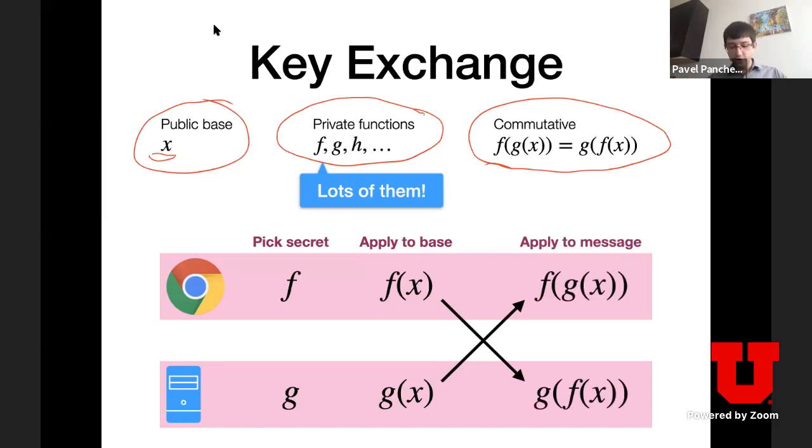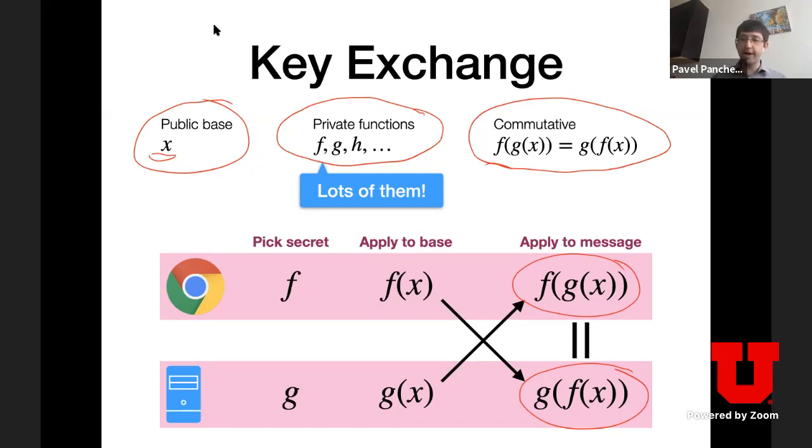And then each will apply their secret function to the result. So the browser has now received G of X from the server, and then it applies F to that value. So the browser's now computed F of G of X. The server has computed G of F of X. And because F and G are guaranteed to be commutative, these two values are known to be equal.